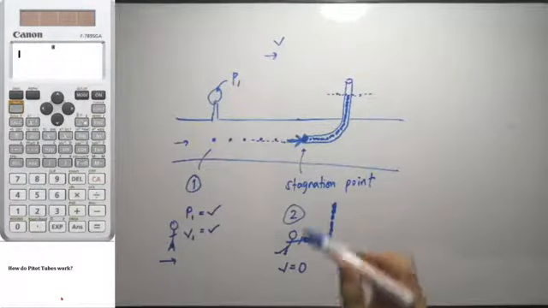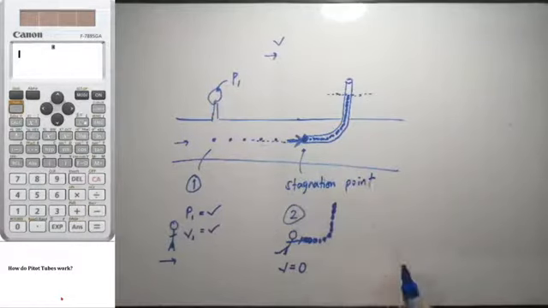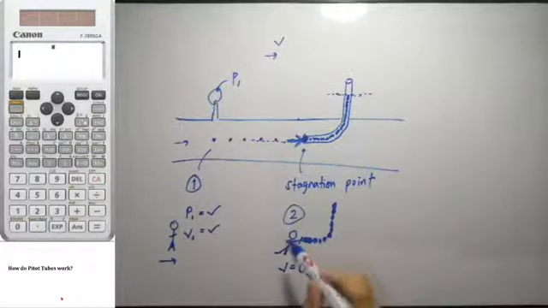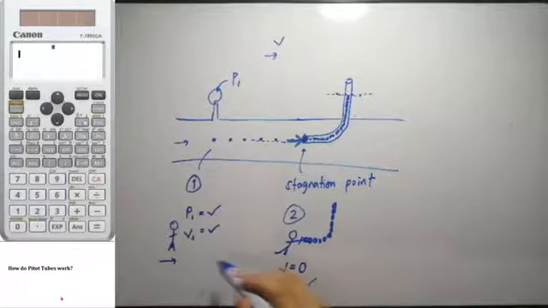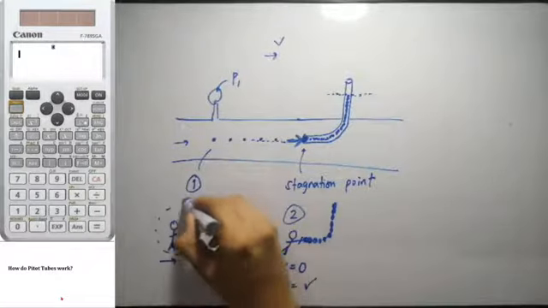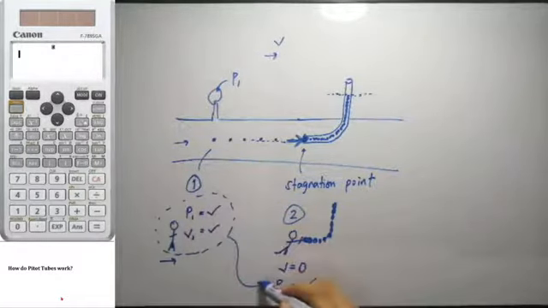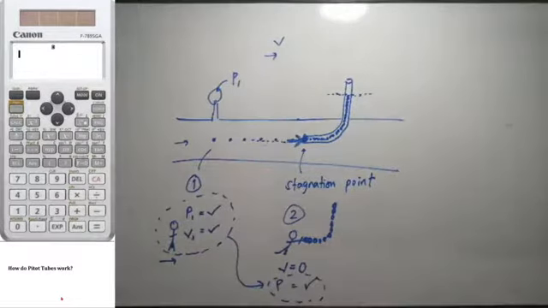Pagdating sa point 2, wala na siyang velocity. Kasi itong point 2 na yan, hindi na siya gumagalaw. Okay? Kasi tinutulak niya na lang yung tubig dun. And, wala na. So, ang meron na lang siya is potential head. Ibig sabihin, yung buong energy dito, the point 1, ay na-convert sa puro potential energy na lang because the fluid at point 2 is not moving.